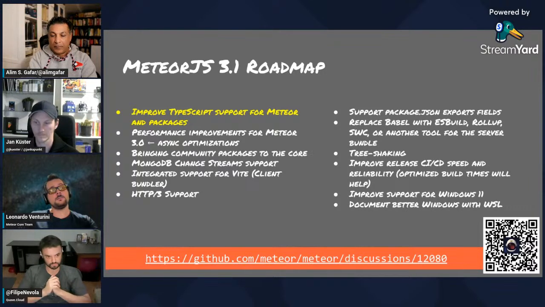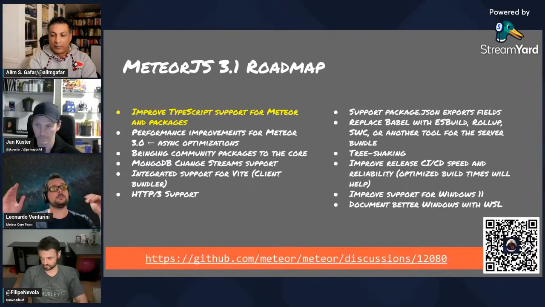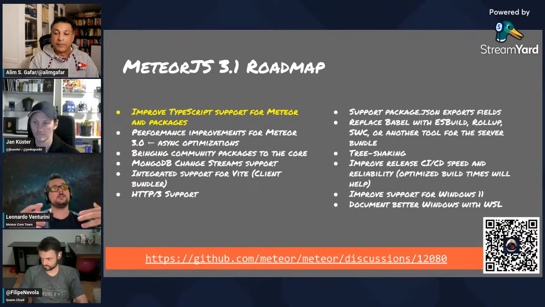Another way that TypeScript can help us is that right now we have these types that are separate from the code. We need to have these types for Meteor, and sometimes the types can easily get out of sync, and it's more work to maintain.